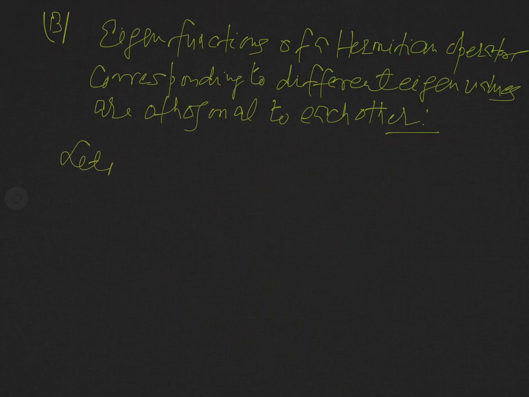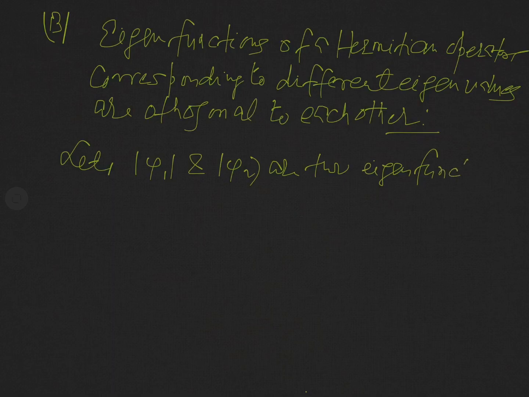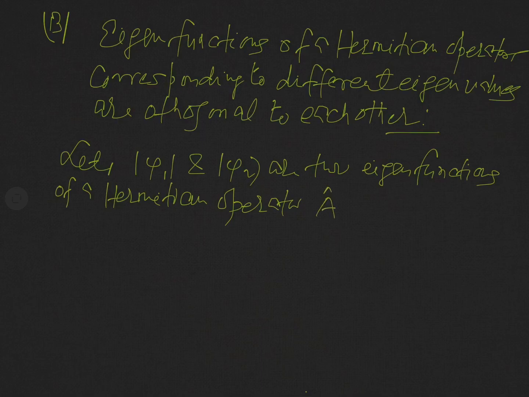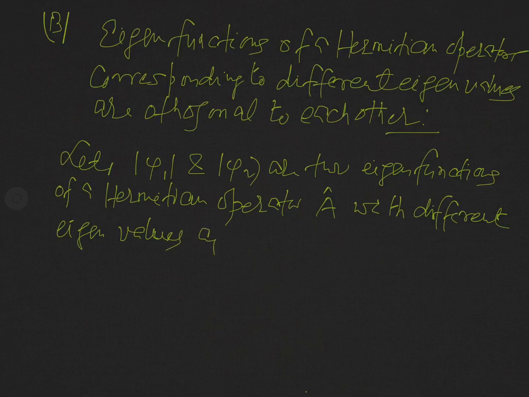Let ket phi 1 and ket phi 2 be two eigenfunctions of a Hermitian operator A hat with different eigenvalues A1 and A2.